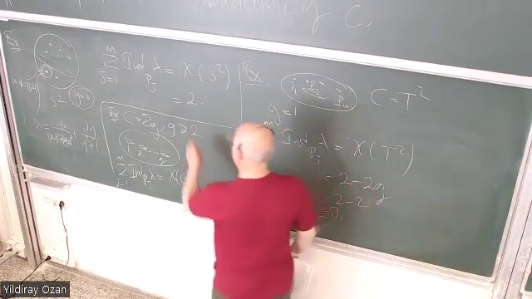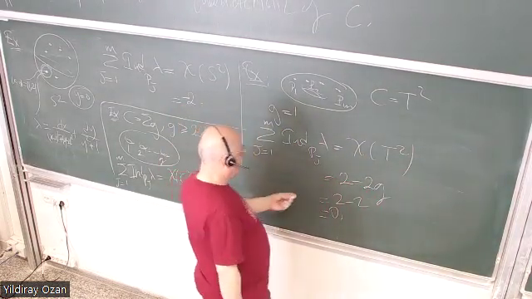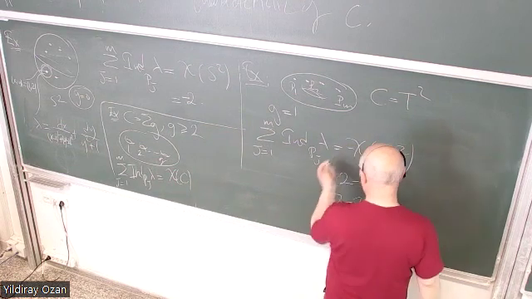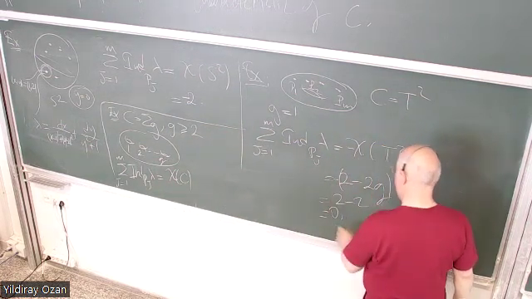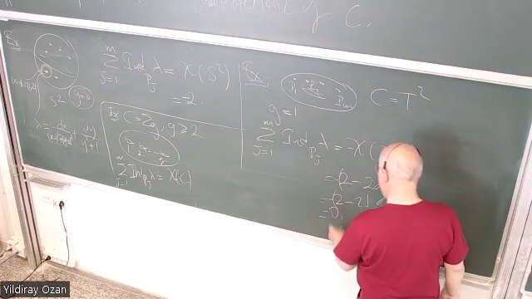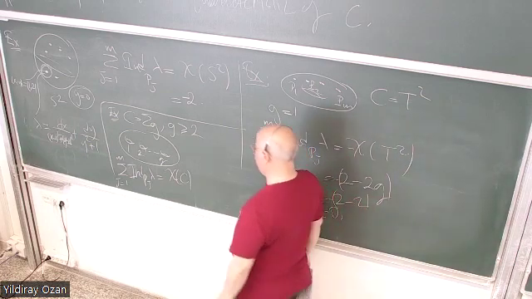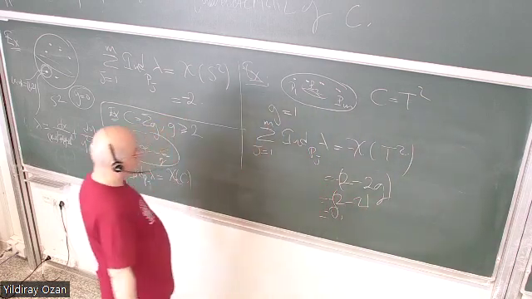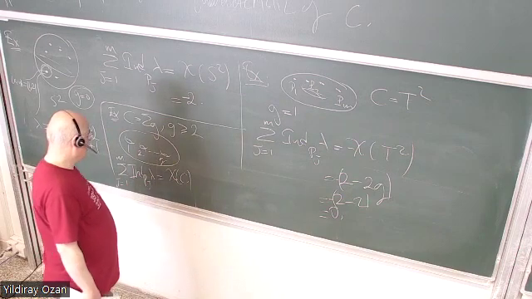So this will be negative. Well, this is still 0. And this one will be what?